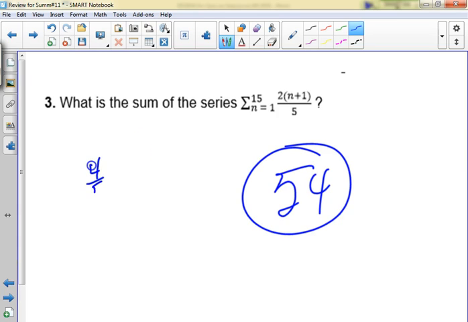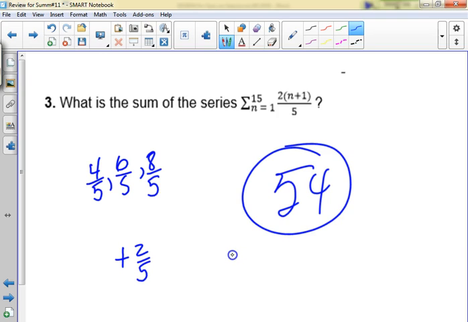If I put in a 1, I get this. If I put in a 2, I get this. So I'm thinking, put in a 3, I get this. So I'm thinking they're multiplying, no, they're adding 2/5, right? So if it's adding, you'd need arithmetic.